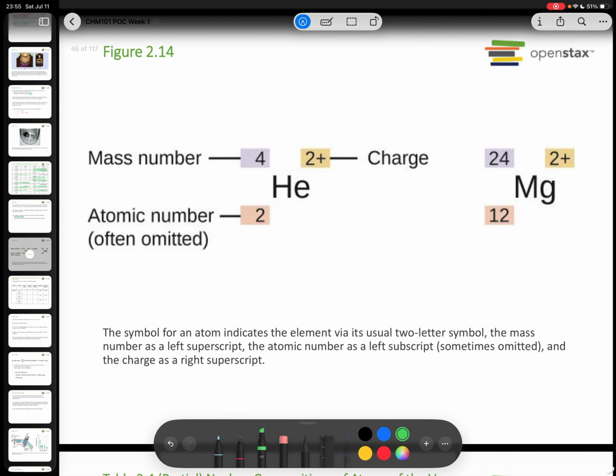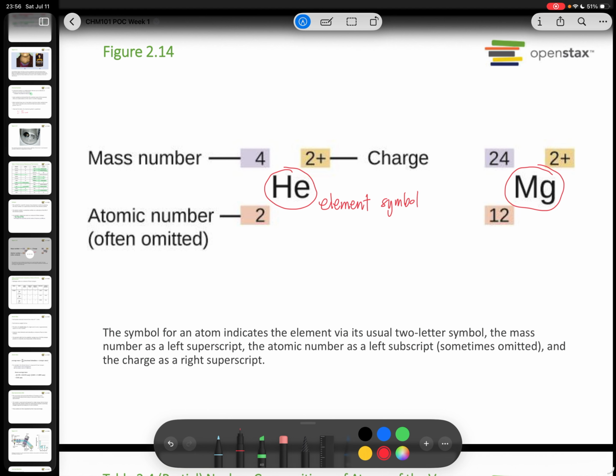So ito, simplified. So this slide shows the full atomic symbol format. Okay? So, the element symbol identifies the element. Saan yun? Ito, element symbol. Okay.